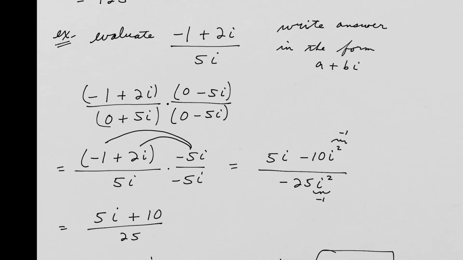So again, how did I solve this? I did my division by multiplying the numerator and denominator by the complex conjugate of the denominator, right? I changed the sign of the imaginary part. Okay, let's do one now where we do a full complex number divided by a complex number.